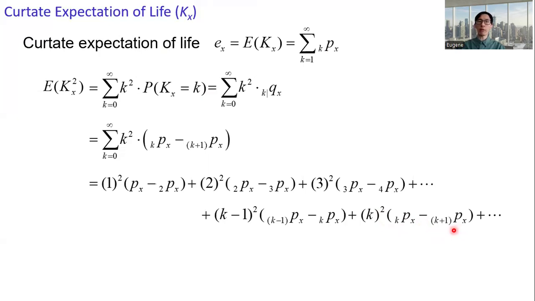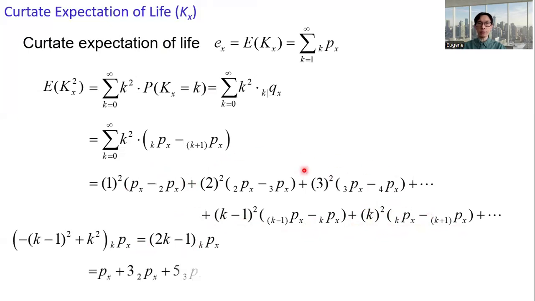The coefficient for the term kpx is the negative of k minus 1 squared plus k squared. Simplify this. This is 2k minus 1 times kpx. All right, so we can simplify the expression above. We get px plus 3 times 2px plus 5 times 3px.